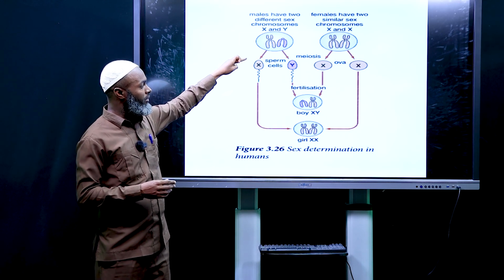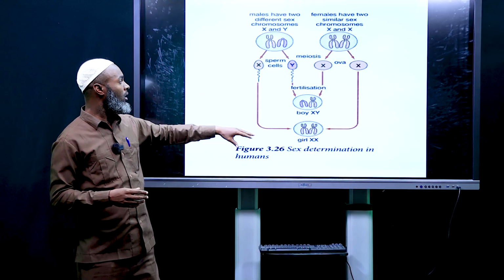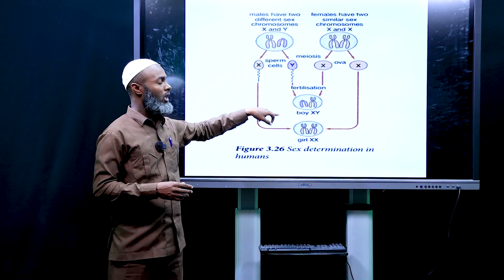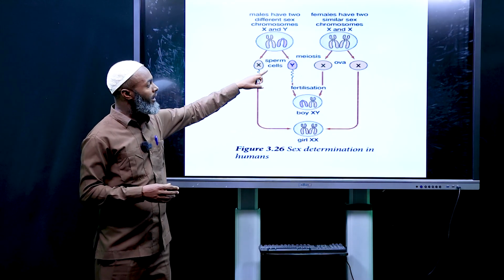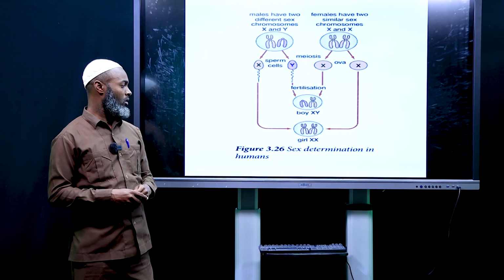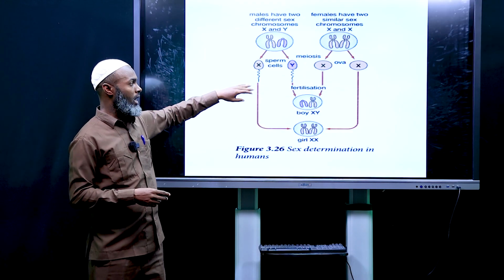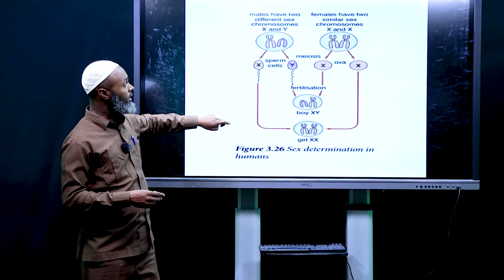So we can have XX, which is a girl, or we can have XY, which is a boy. So sex is determined in humans in such a way.